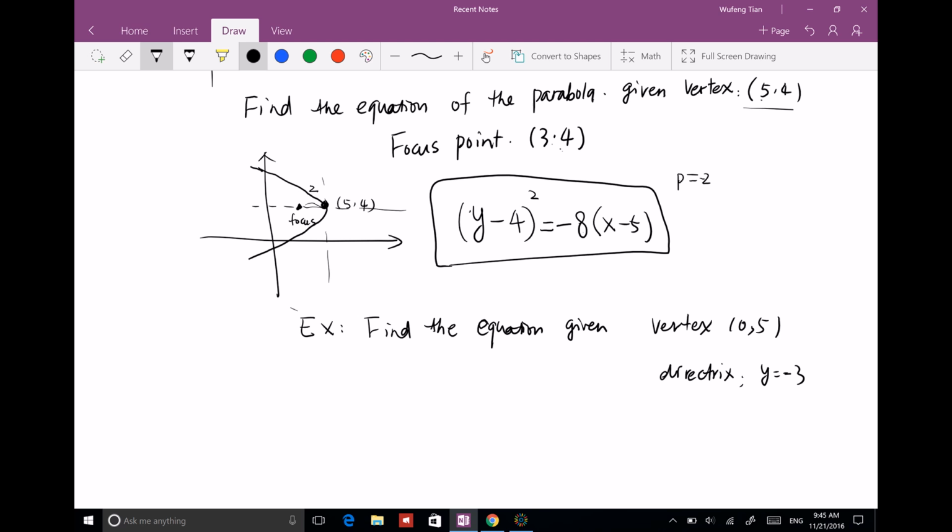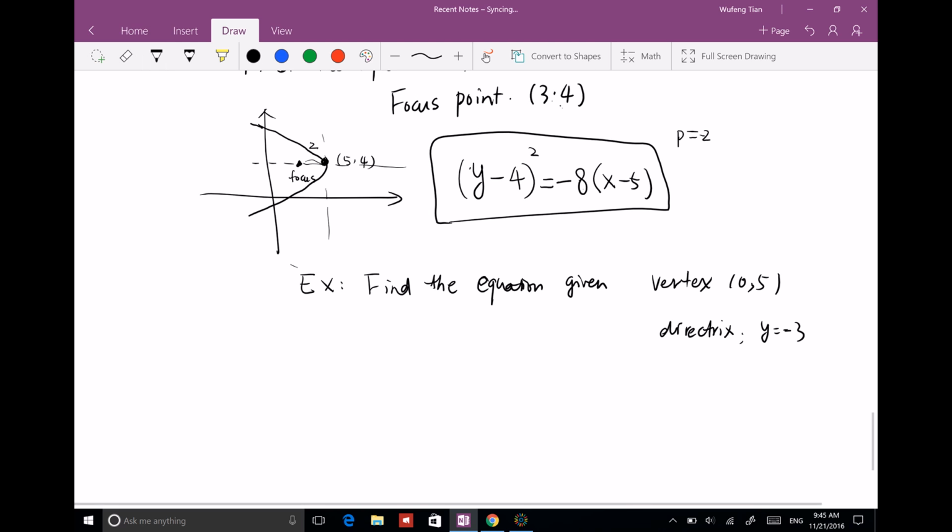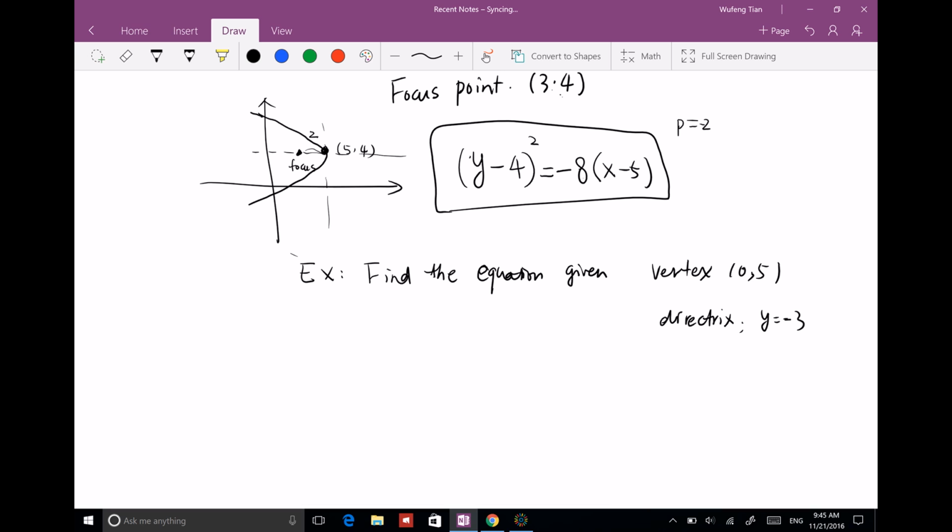Okay, so the equation is going to be, I would like a student to work with me together, and tell me how you got it. Travis, could you please tell me how you got it? So when you graph it, it's going to be an upward facing parabola at (0, 5).